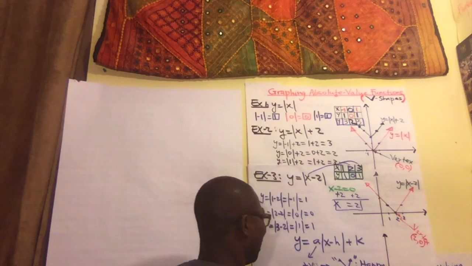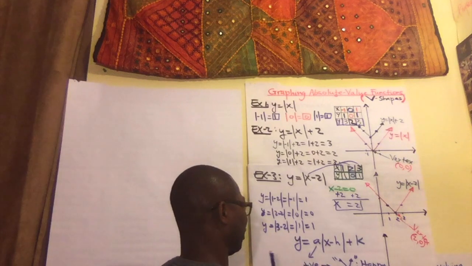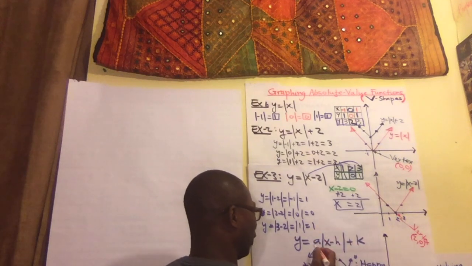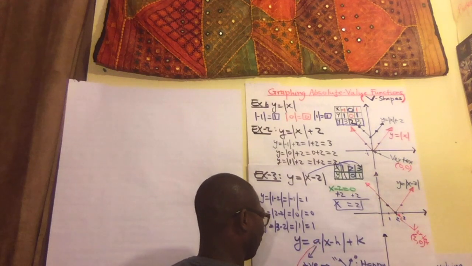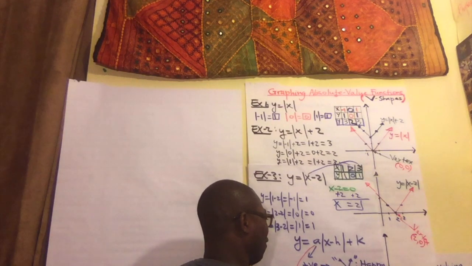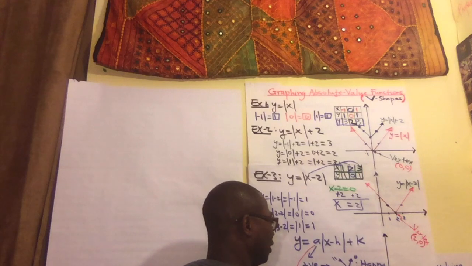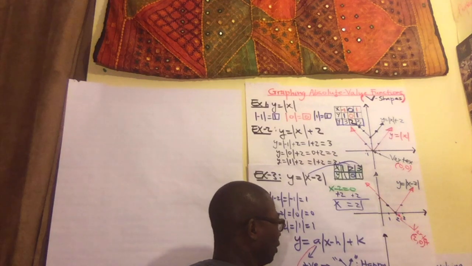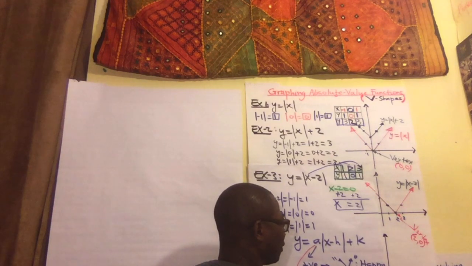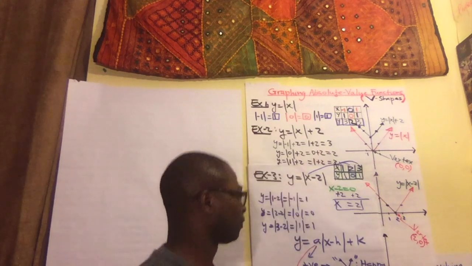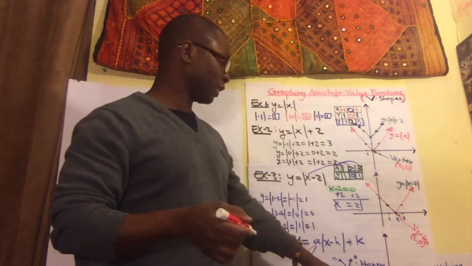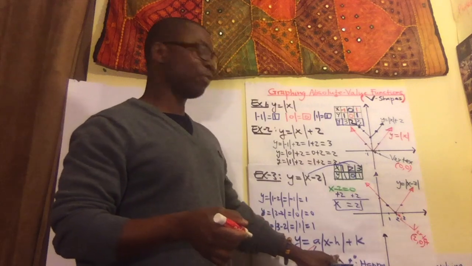But if this number happens to be negative, I'm going to use red for negative, then our V will be upside down, facing down. Which means sad face. So this one is facing down, sorry, and this one is facing up.